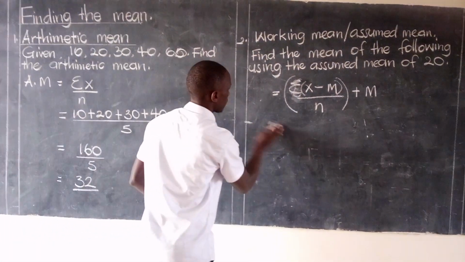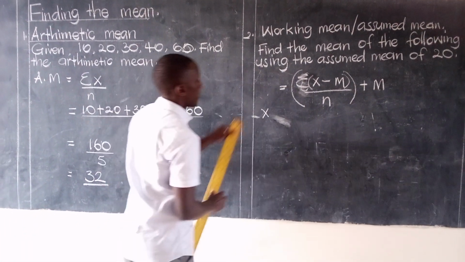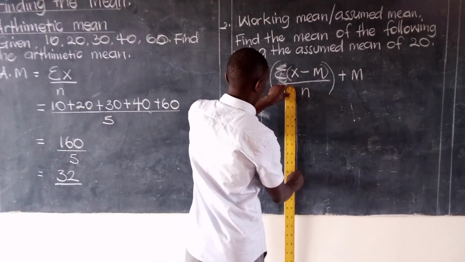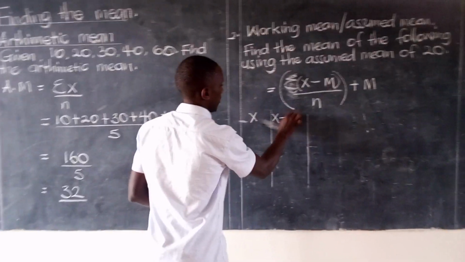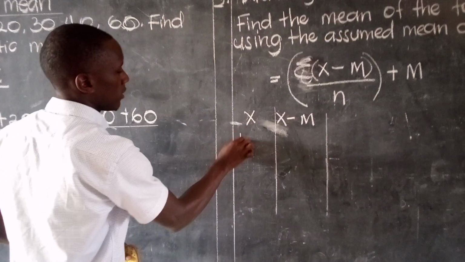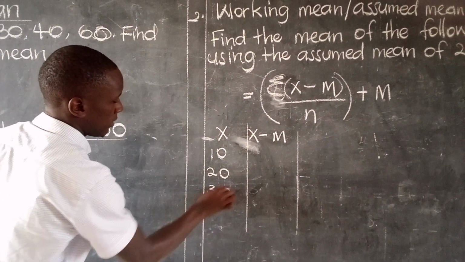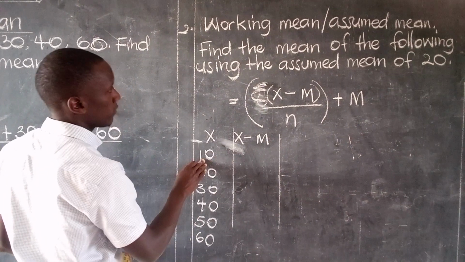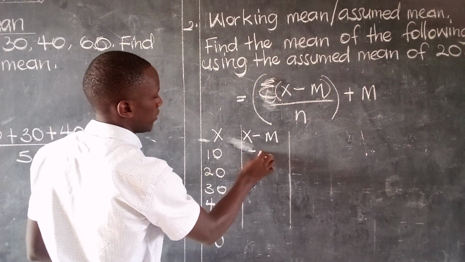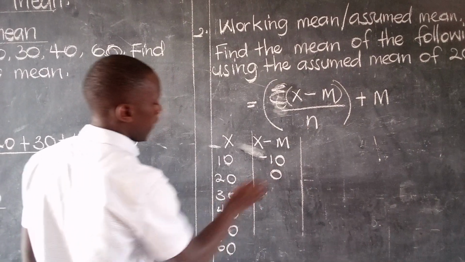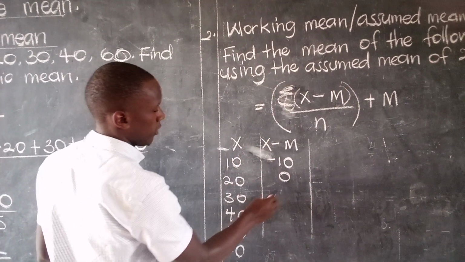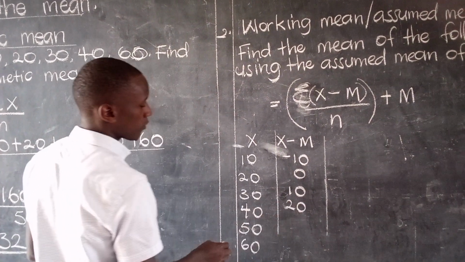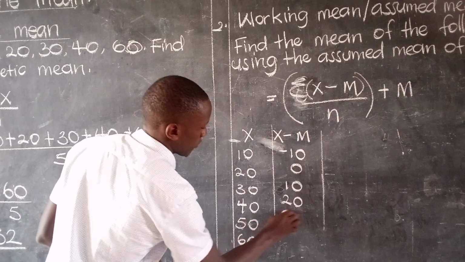We have x in the observations. Let me construct a simple box over here, then another over here. Here it's x and here we have x minus m. Here we have 10, 20, 30, 40, 50, and then 60. So 10 take away 20, we get negative 10, then we get 0. 30 take away 20, we get 10. 40 take away 20, we get 20. 50 take away 20, we get 30.